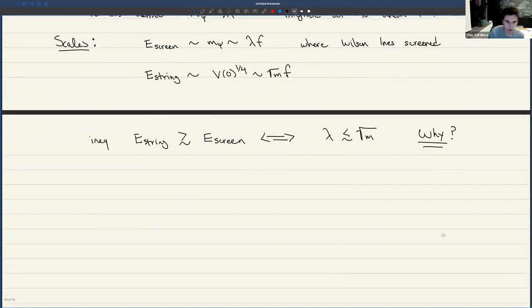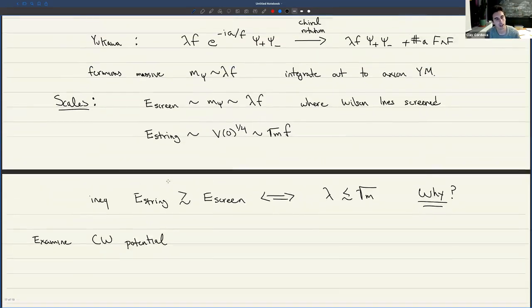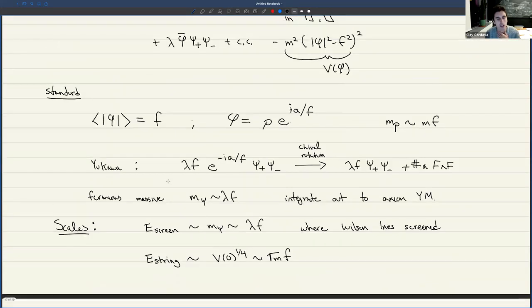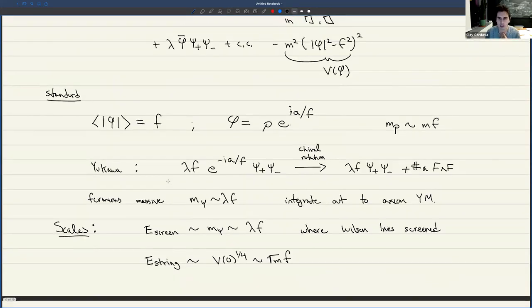And to see it, what we should do is examine the Coleman-Weinberg potential. So you see, when I went through this analysis, kind of la-di-dying my way into axion-Yang-Mills, I just said, well, we just look at tree level, everything is fine.